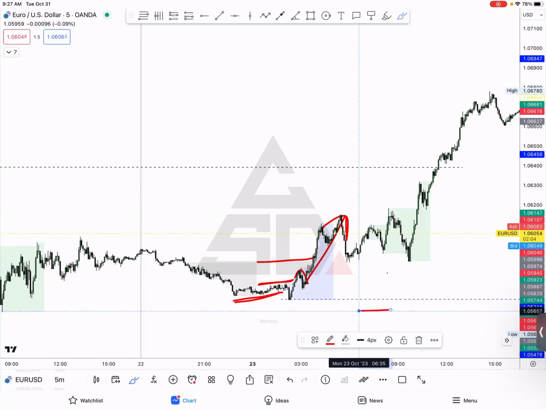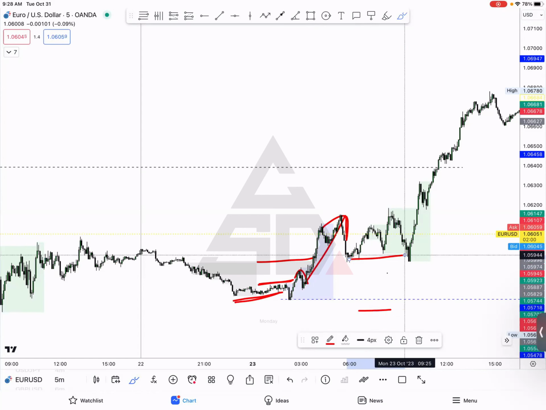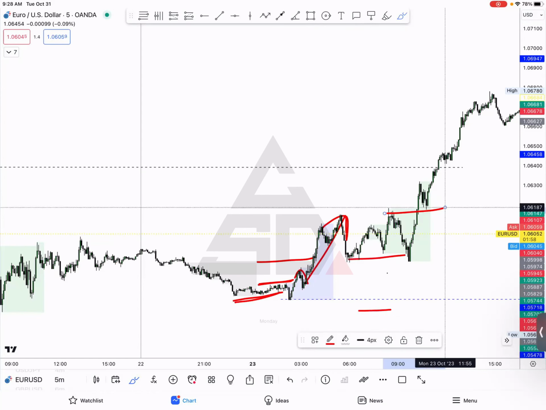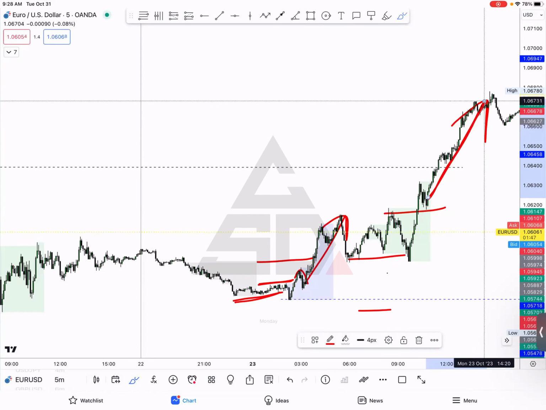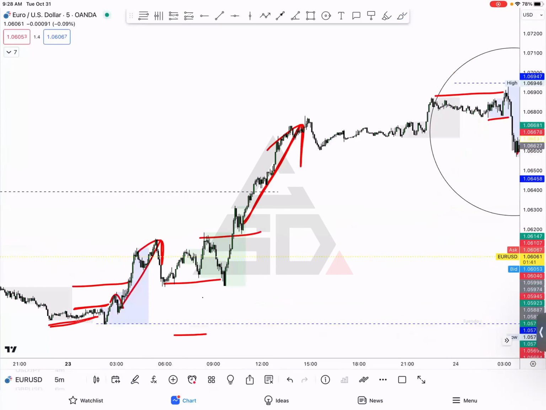Same thing goes for New York: raid on stops, market structure shift, distribute after the rebalance, I'm sorry. Raid on stops, market structure shift, rebalance price, distribute. So that's enough examples. As you can see, this is like 5 days in a row.